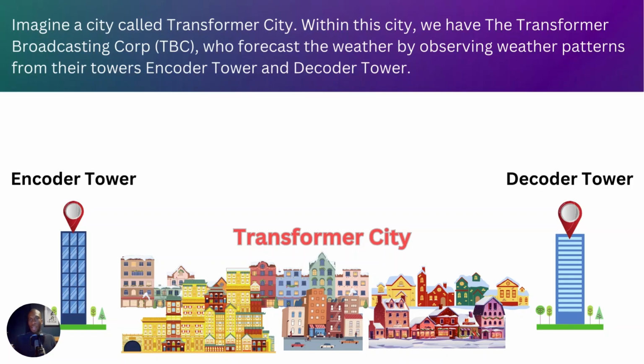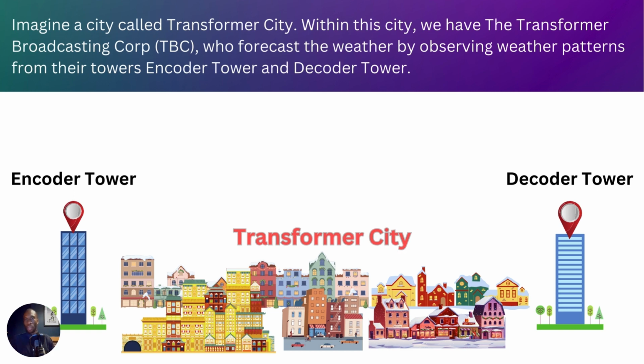So let's concretize our understanding of transformer architecture, specifically this encoder decoder architecture that was posed in the Attention is All You Need paper. So I want you to imagine a city, and that city is called Transformer City. Within Transformer City, there is a company called the Transformer Broadcasting Corporation, or in short, the TBC.